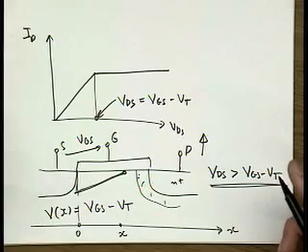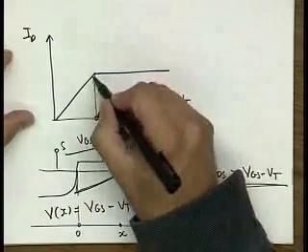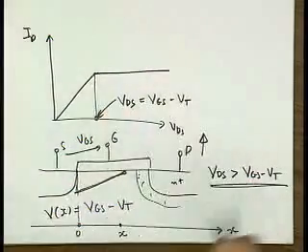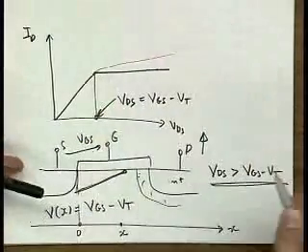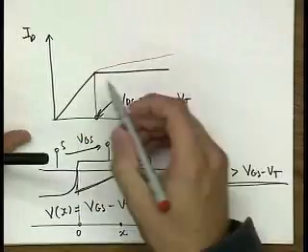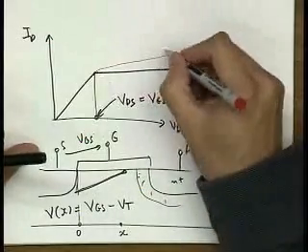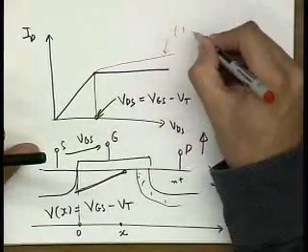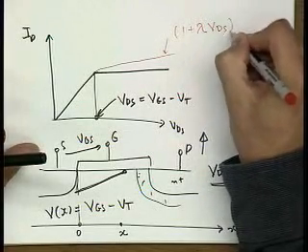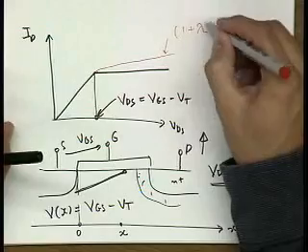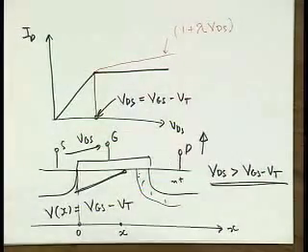And this can be corrected in the following way. You have an increase in current with increased VDS, and this is attributed to a factor that can be modeled simply as 1 plus lambda VDS, where lambda is the channel length modulation parameter.